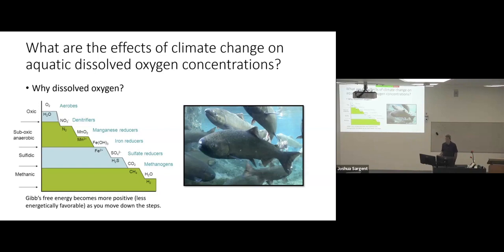Not only are we going to alter the chemical reactions that occur in the water column or in the sediments, depending on the oxygen concentrations and the duration of anoxia, for example, but aquatic organisms are also very sensitive to dissolved oxygen. Some of the most sensitive species, such as certain species of trout, start to exhibit abnormal behavior starting at even 5 milligrams per liter dissolved oxygen.